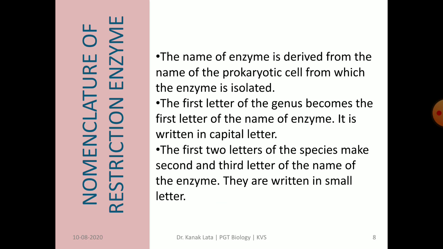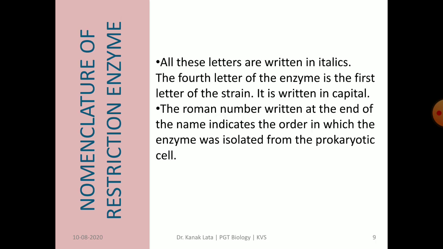The first two letters of the species make the second and third letters of the name of the enzyme and are written in small letters. All these letters are written in italics. The fourth letter of the name of the enzyme is the first letter of a strain and is written in capital.